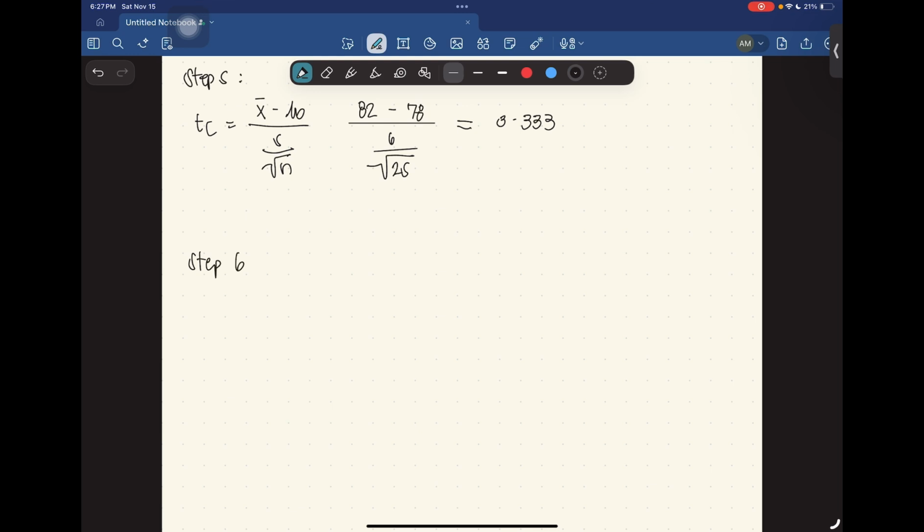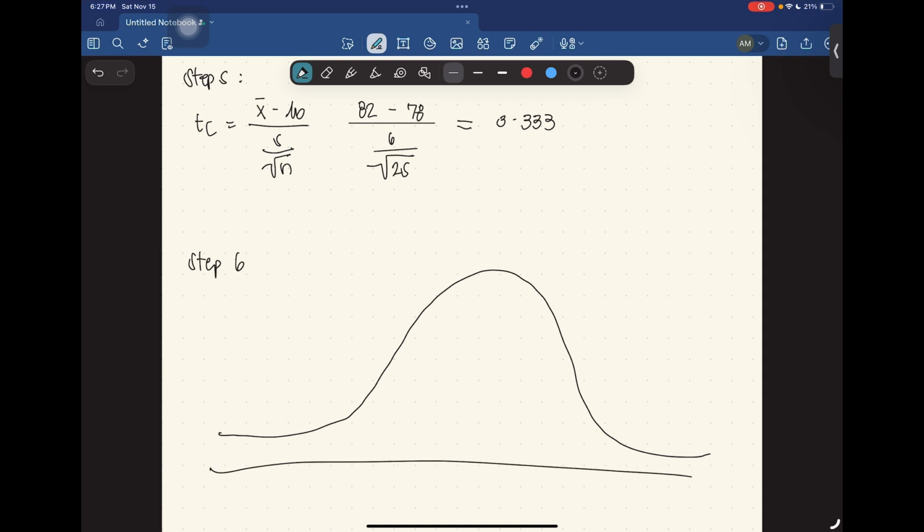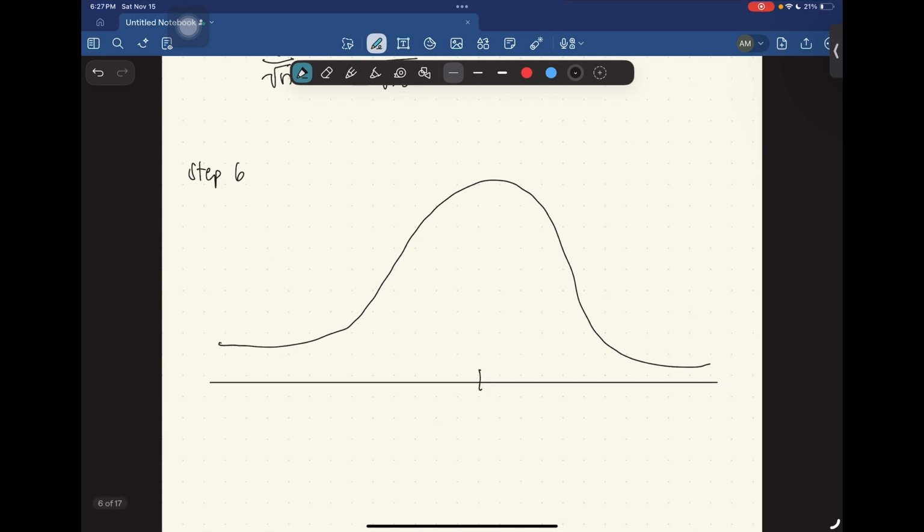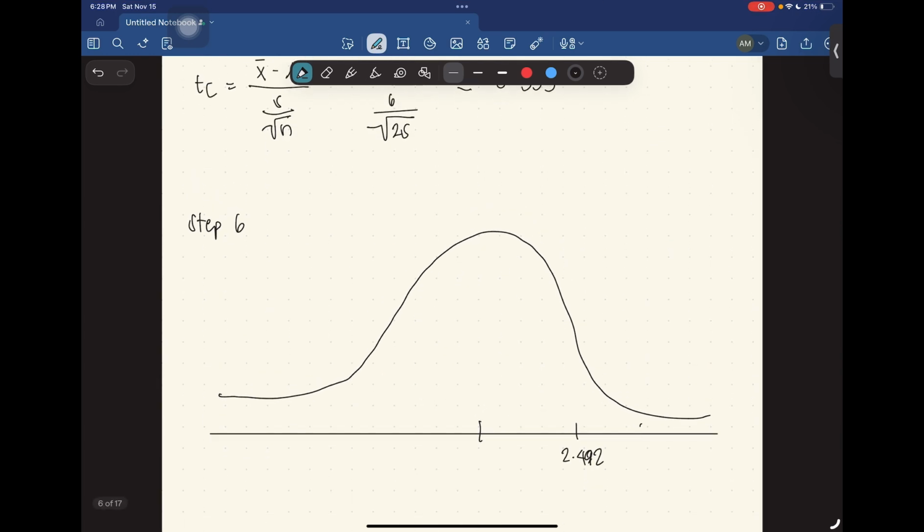On step 6, we can now compare the t critical value with the computed value. We say that our t critical value is over here, and our computed value is over here.